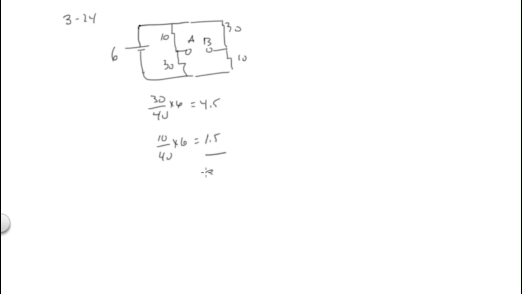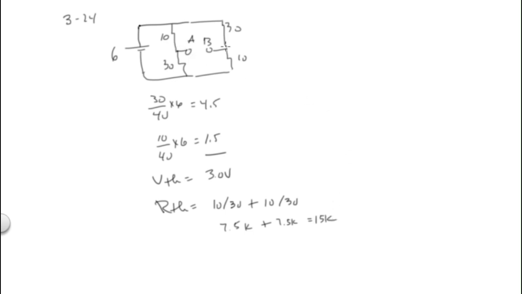The difference is 3.0 volts. Now, what is my R Thevenin? So this is my V Thevenin, or VAB is that. My R Thevenin is equal to 10K in parallel with the 30K plus another 10K in parallel with the 30K. Does everybody see that? So 10 times 30 divided by 40 equals 7.5. So again, this is 7.5K plus 7.5K, or 15K.